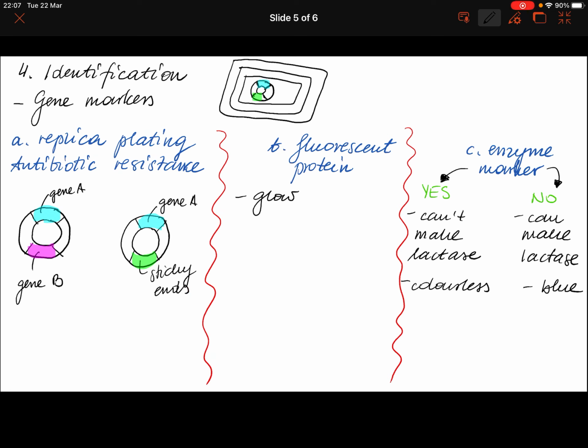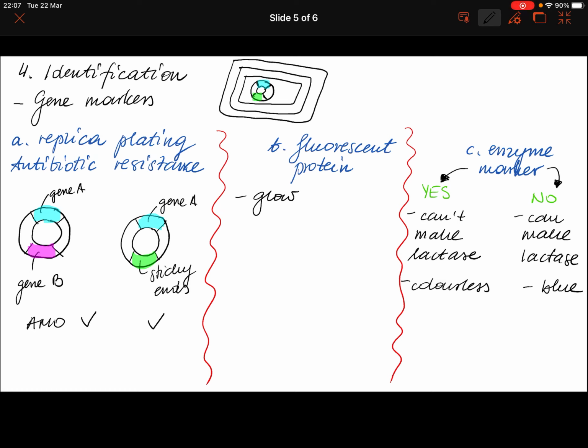So how easily do I check if the bacteria has taken up the plasmid? Really easily. Let's say gene A carries the antibiotic resistance to, I don't know, amoxicillin. Both of those plasmids in the bacteria mean the bacteria will survive if I treat them with amoxicillin.